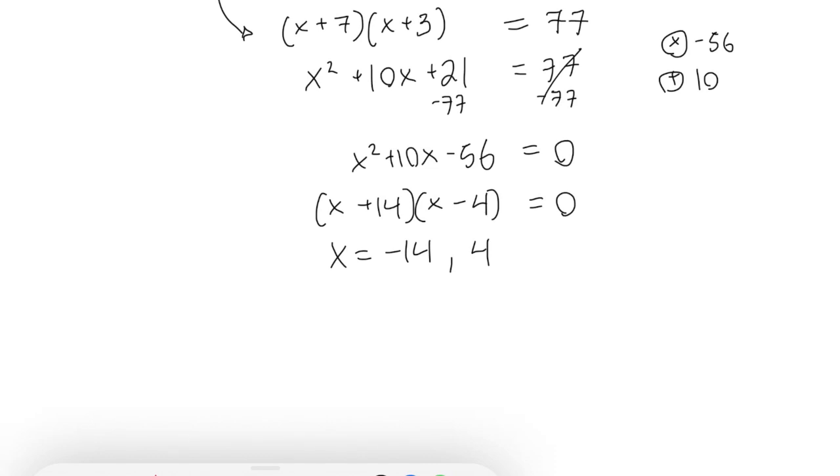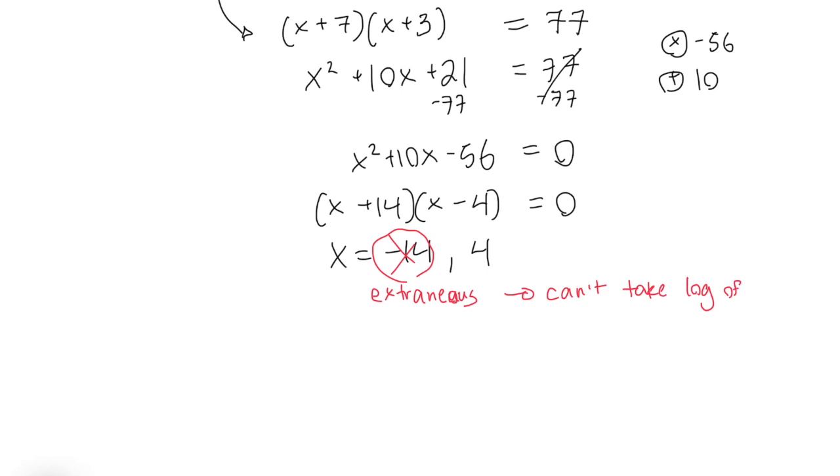So this guy is extraneous. Can't take the log of a negative number. Okay, so the only answer here that works is x equals 4.